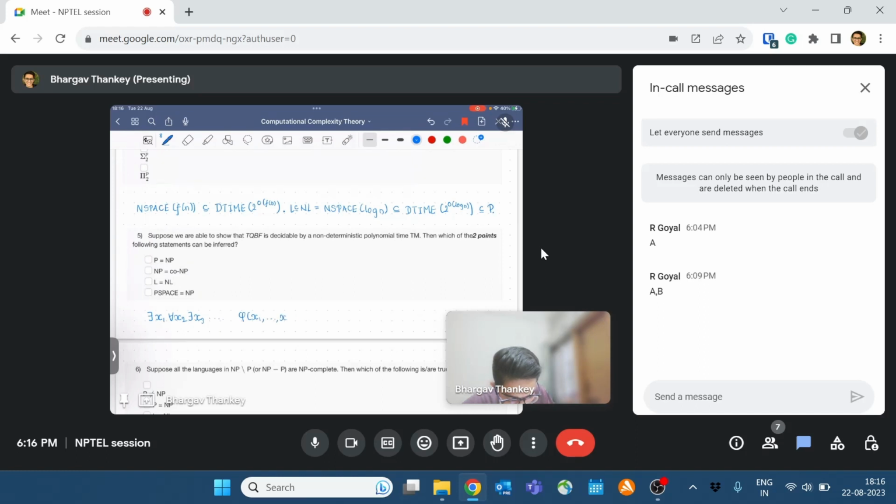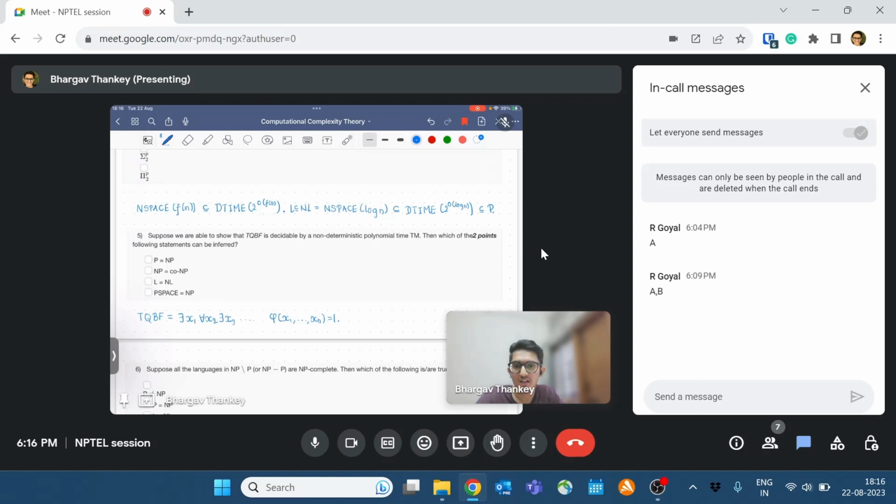So let us assume TQBF is sigma i. Again, there's a problem with that, because PH is contained in PSPACE, right? Yes. Then if TQBF is sigma i, PSPACE is contained in sigma i, right? But that we don't know. I understood that TQBF is sigma i.